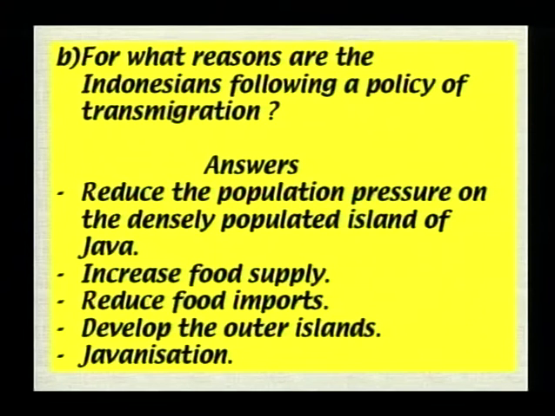The second question that we also looked at: for what reasons are the Indonesians following a policy of transmigration? We had a couple of alternatives. The first one, to reduce the population pressure on the densely populated island of Java, to increase food supply or food production, to reduce food imports so that Indonesia or Java can become a little bit more self-sufficient and self-reliant, and also to develop the outer islands of Indonesia beside Java and Bali.